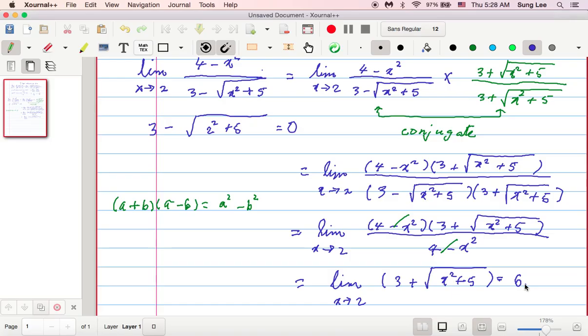All good, right? So this is how we can calculate this type of limit.